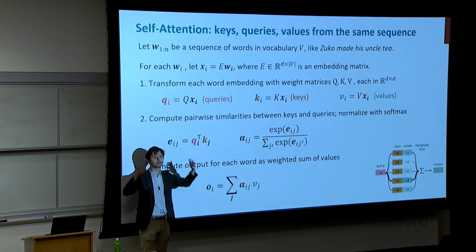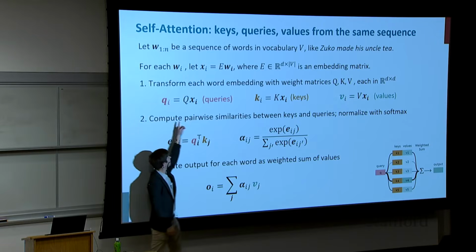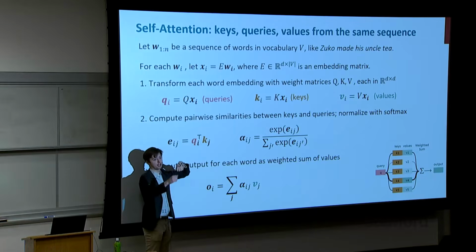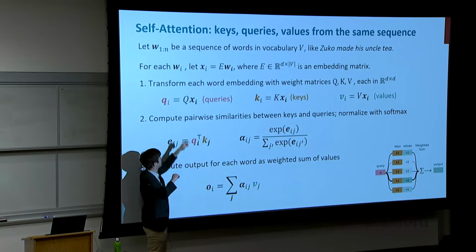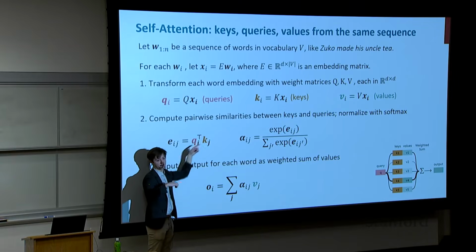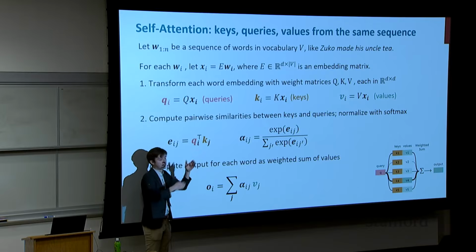This question of whether you should look at yourself for representing yourself, well, it's going to be encoded by the matrices Q and K. If I didn't have Q and K in there, if those were the identity matrices, then this would be a dot product with yourself, which is going to be high on average, like you're pointing in the same direction as yourself.